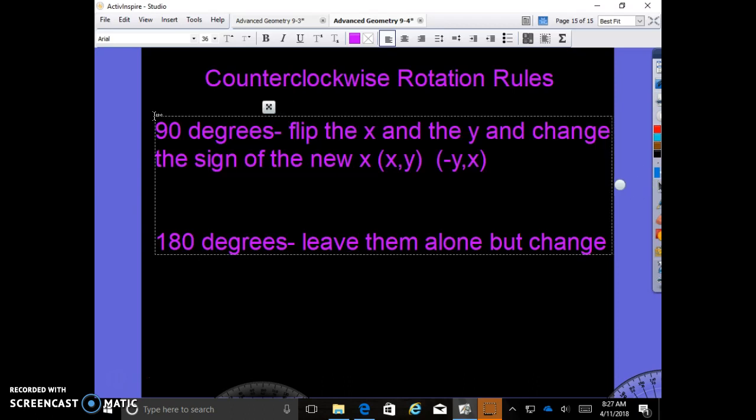For 180 degrees, leave them alone, but change both signs.